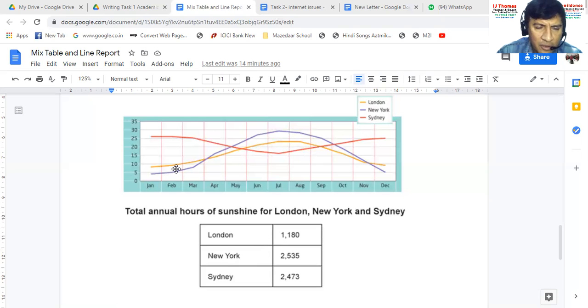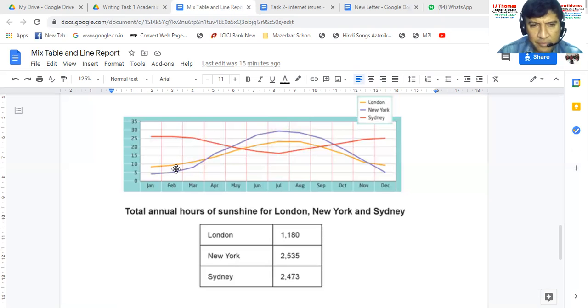Sydney, however, in contrast, was at just about 25 degrees centigrade.